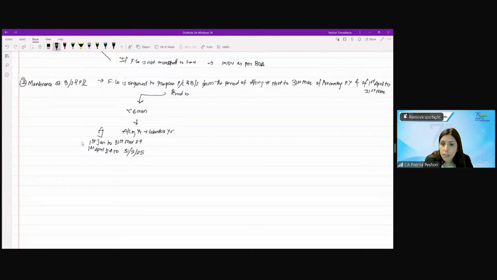Therefore, you will include this particular period with the succeeding year, right? So here we will prepare for 1st Jan 24 to 31st March 24.